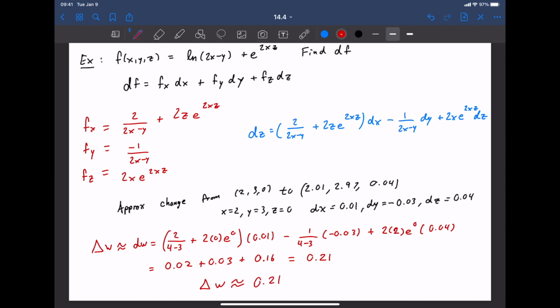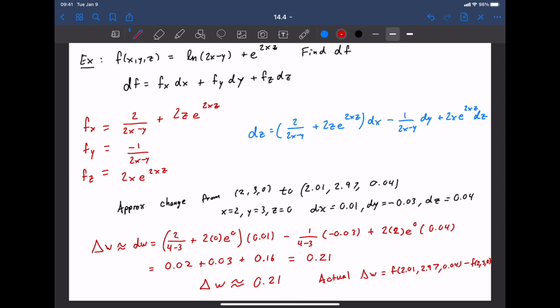Now, you have a question on your homework that asks you what the actual change in W is. To get the actual change in W, again, I would plug in actual. Delta W would be F of (2.01, 2.97, 0.04) minus F of (2, 3, 0).